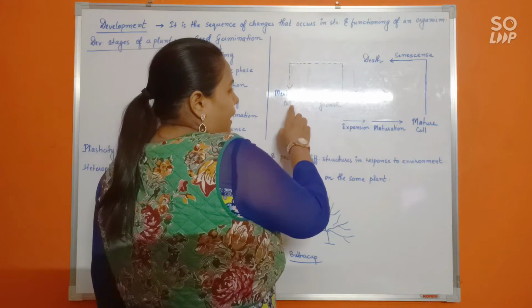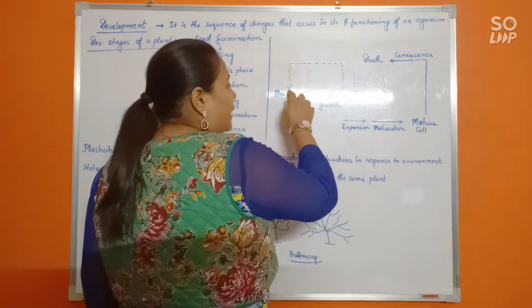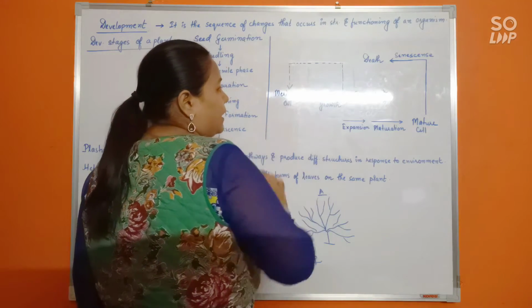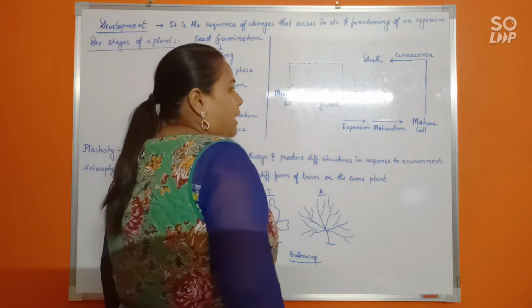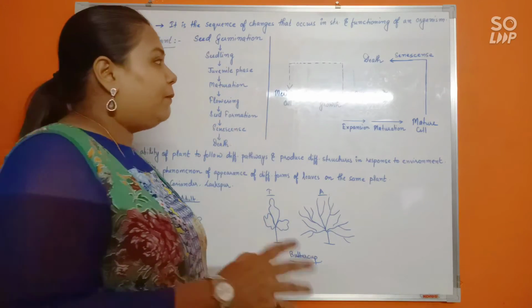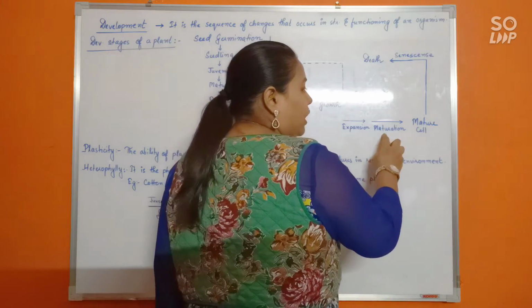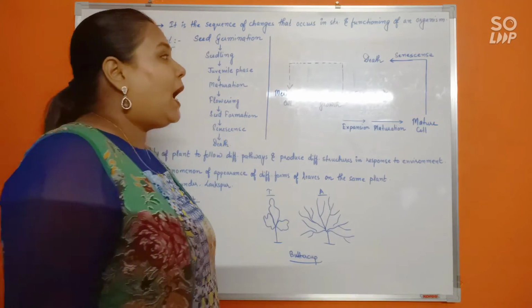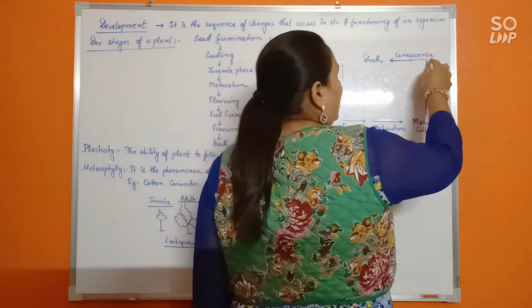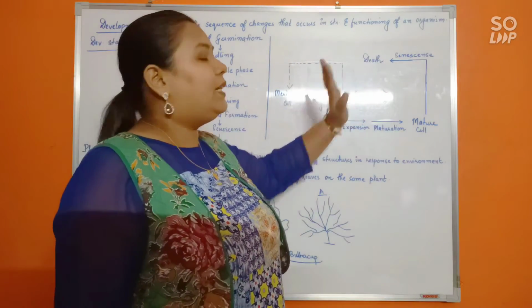These meristematic cells are showing plasmatic growth and eventually they are again getting back to the meristematic state to divide again, right? But not all of the meristematic cells will show this pathway. Some of them will get differentiated, that means they will undergo expansion and maturation and give rise to a permanent or mature cell, and of course then this mature cell eventually undergoes aging or senescence and finally death.